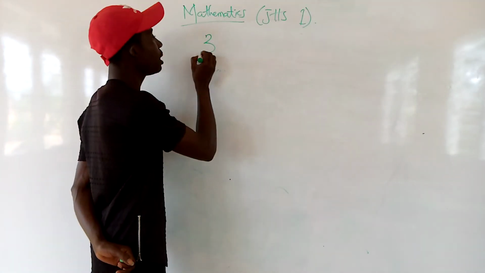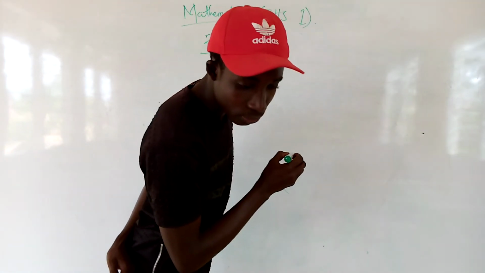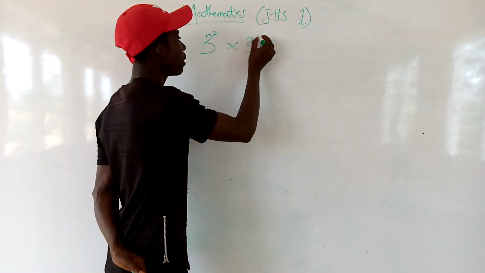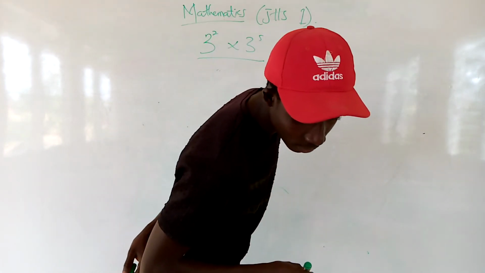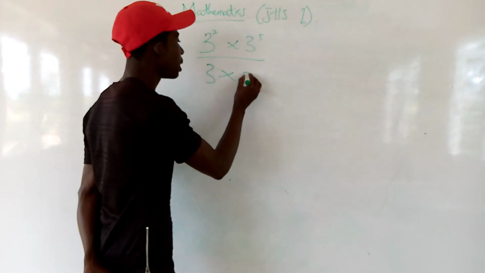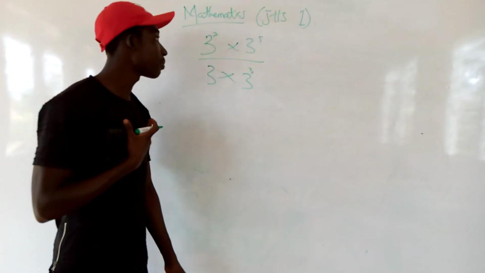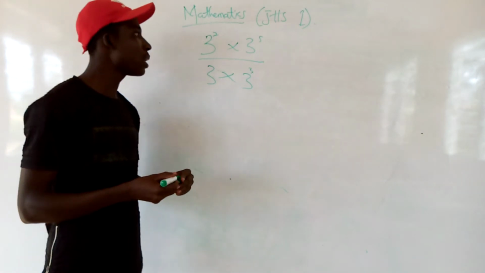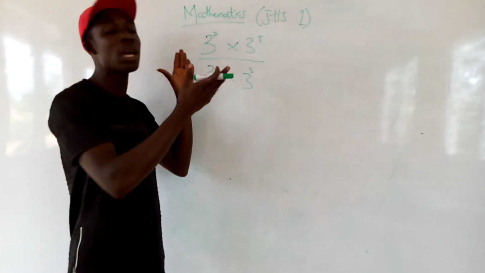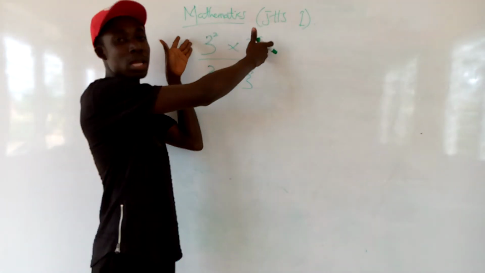We have 3 exponent 2 times 3 exponent 5 all over 3 times 3 exponent 4. So I'm going to answer this question. The first thing that we can do here is that you can see that the first rule can be applied to the numerator.